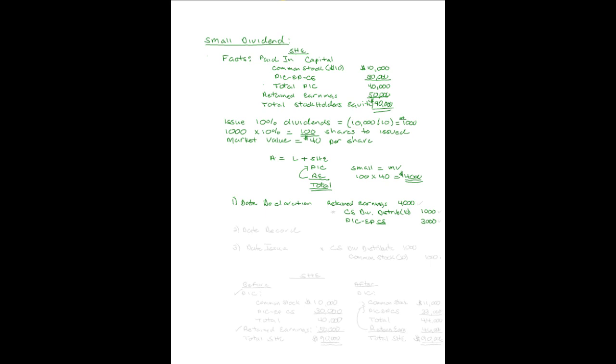The next thing that happens is our date of record. On our date of record, all we do is make a list of who owns the stock on that day, and they're the ones that will get it. Usually there's about a 3-week span between date of declaration and date of record. The final entry is going to be the date of issue, not really a date of payment. I'm going to go with date of issue in my description.